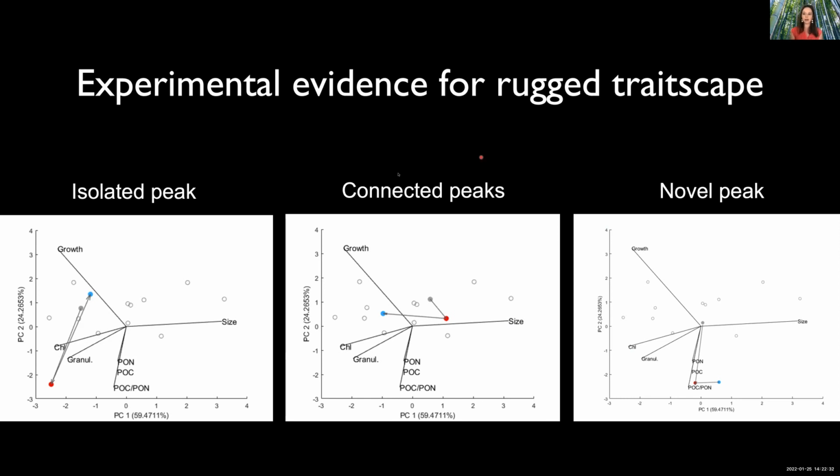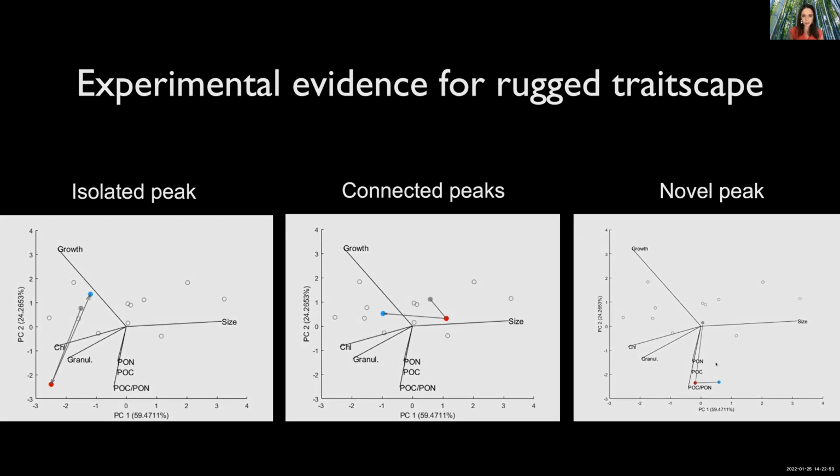We saw a lot of cases of isolated peaks, where if you put them through a bottleneck, they returned back to the same phenotype that they started with. But we also saw connected peaks, where these phenotypes shifted to other phenotypes we'd observed, and some cases where they were able to find novel peaks or novel phenotypes.